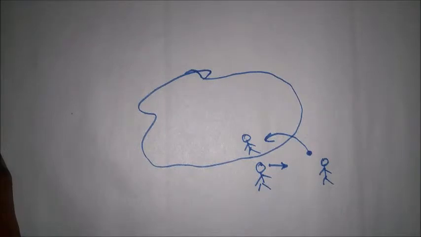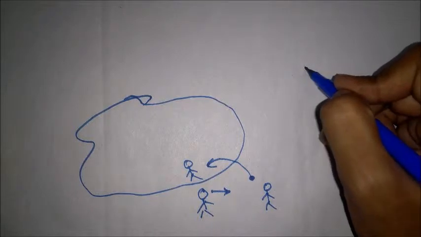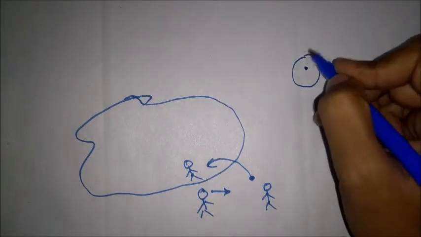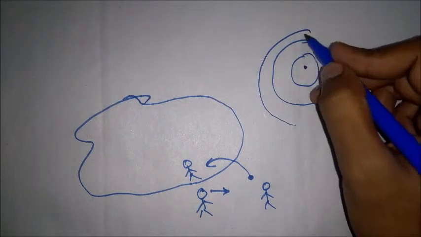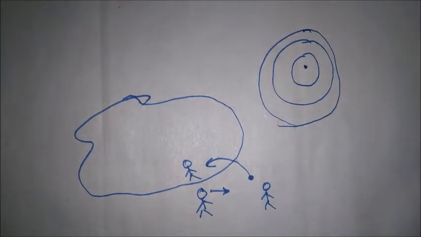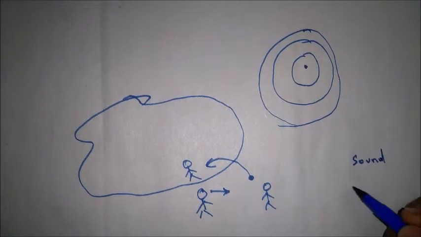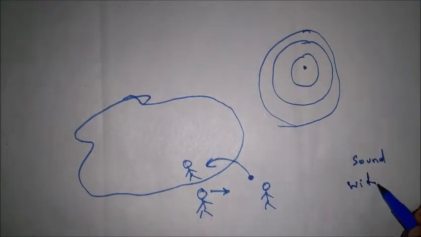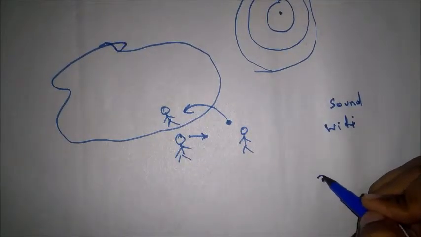When the pebble hits the lake, you'll see that there are ripples or waves formed, something like this. In fact, in reality, most stationary sources produce waves like these. Sound waves are similar to this. Even Wi-Fi, if you closely look at the symbol for Wi-Fi, it's something like this.